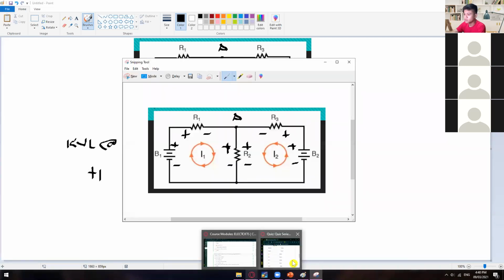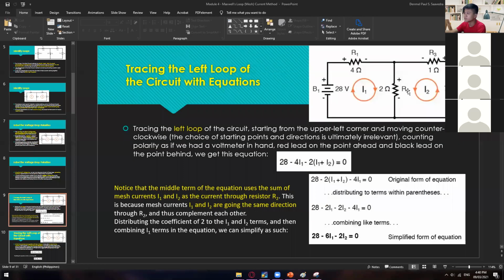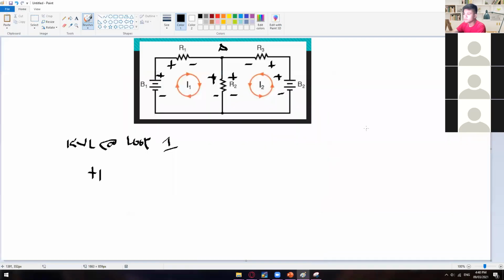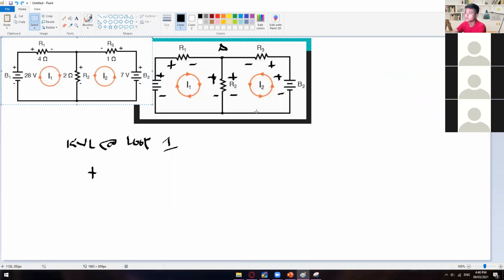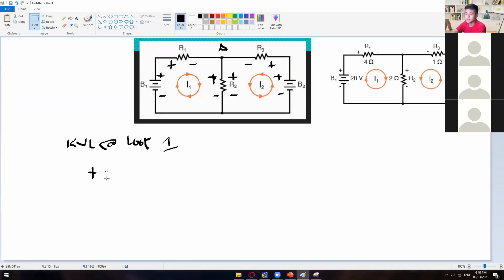That's 28 volts, positive 28 volts. And then for the second one, it's negative.